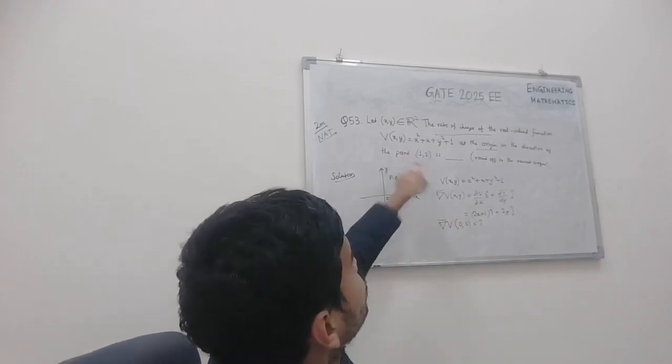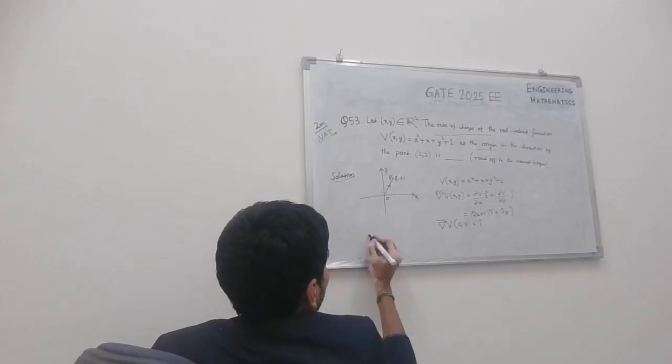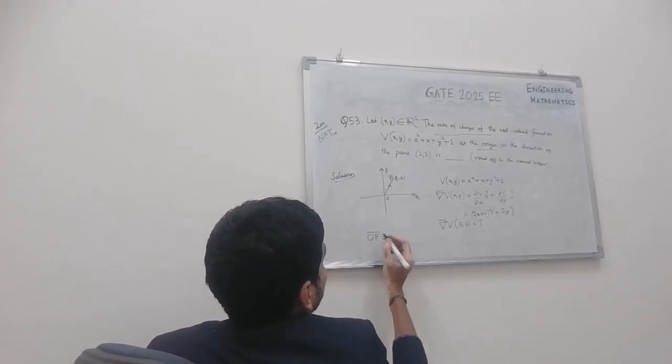Now, in the direction of the point 1, 2, we have to write the vector OP.